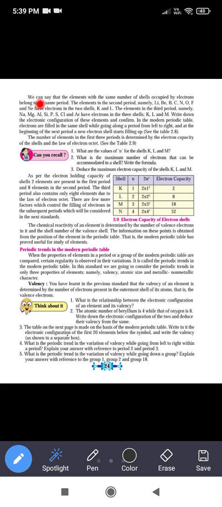We can say that the elements with the same number of shells occupied by electrons belong to the same period.